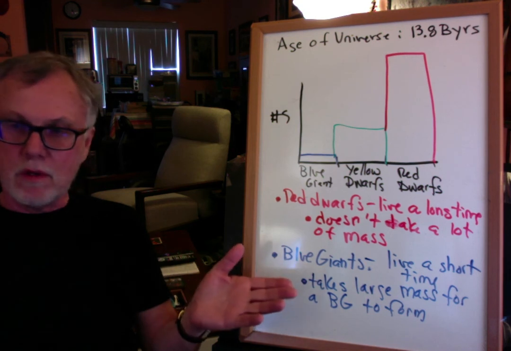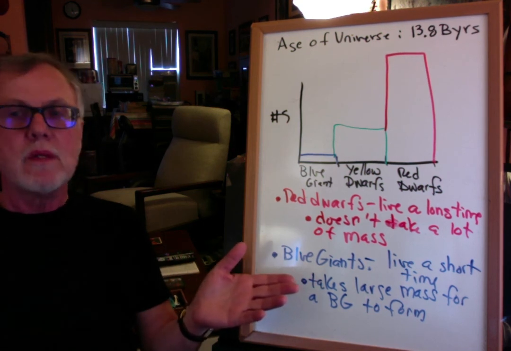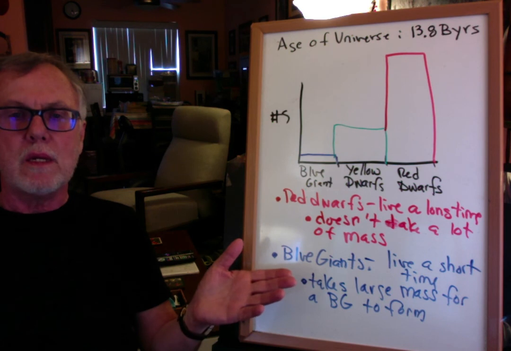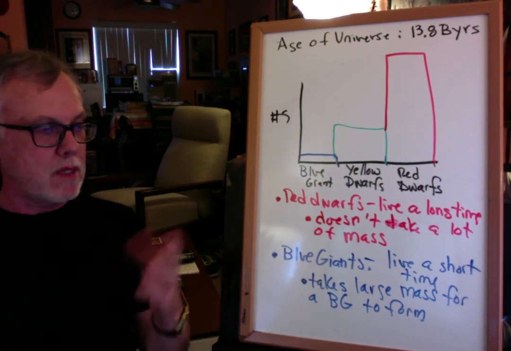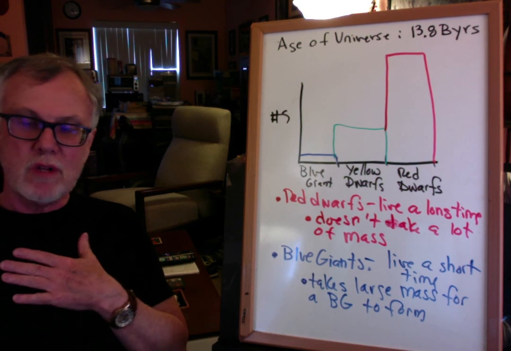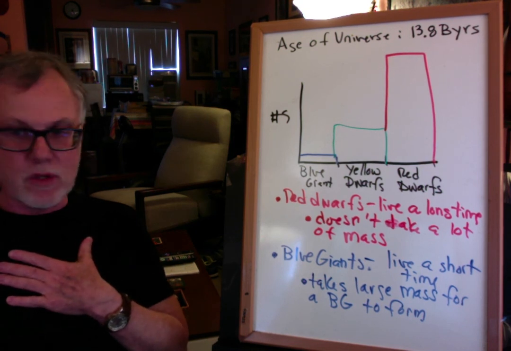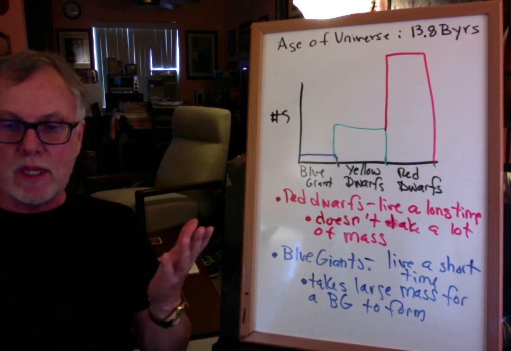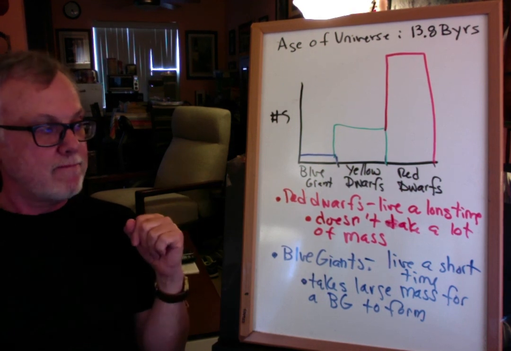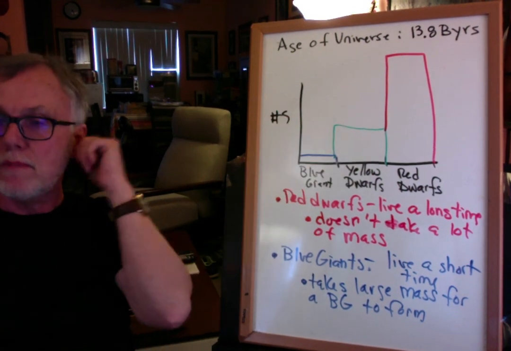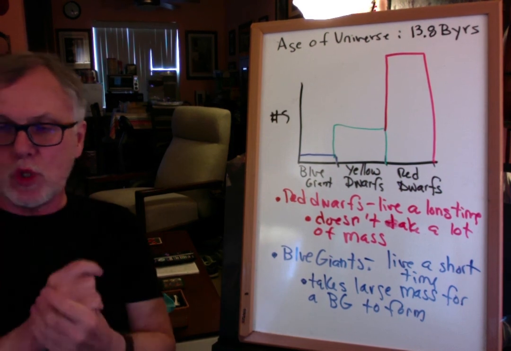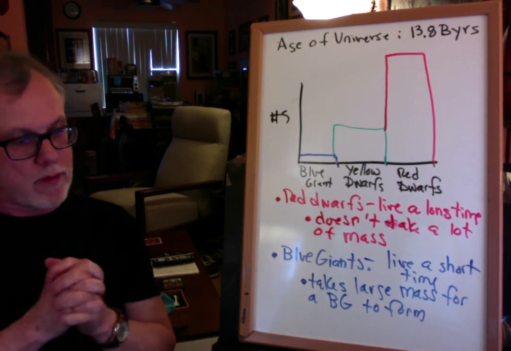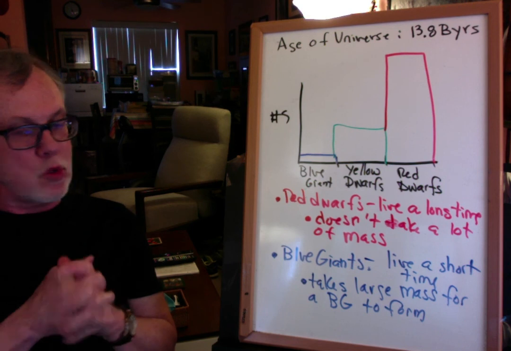Because it takes a lot of mass to form them. They die very young. They're not common to make, so generally they don't add up to high numbers. Why do we see them? Because they're so dang bright. When I've talked about yellow dwarfs, they're just in between everything, kind of averaging between the blue giants and the red dwarfs. So where do we go from here?